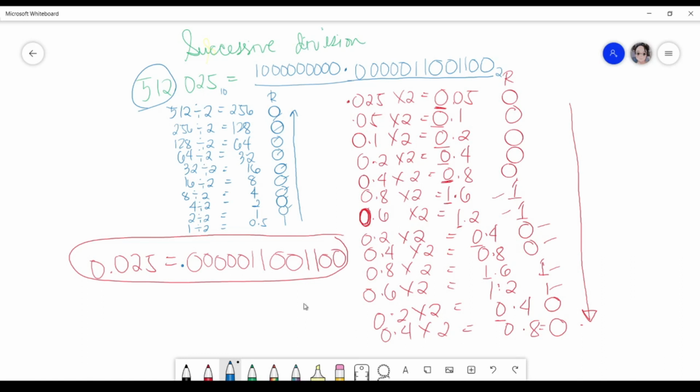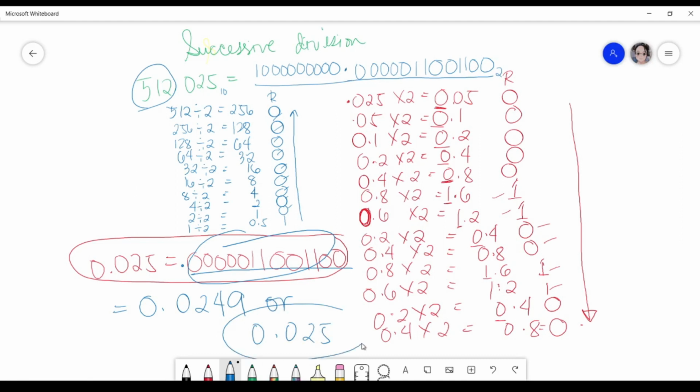If you search it on Google, the value shows 0.0249, or if rounded off, it becomes 0.025. So it's almost your answer.